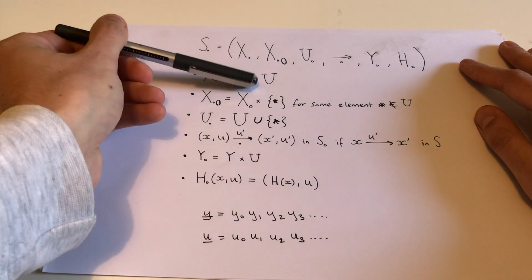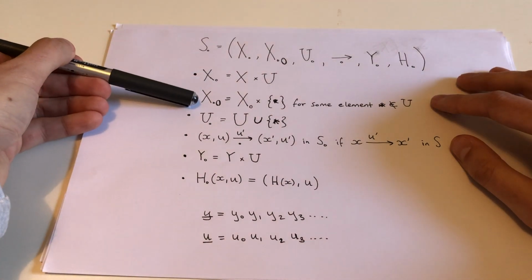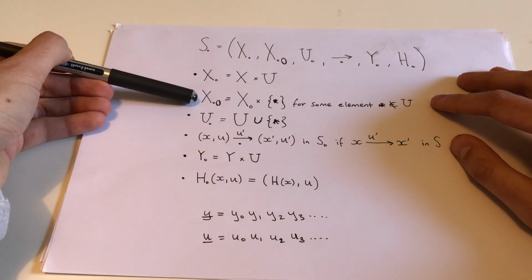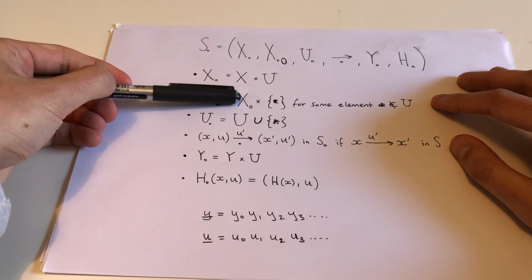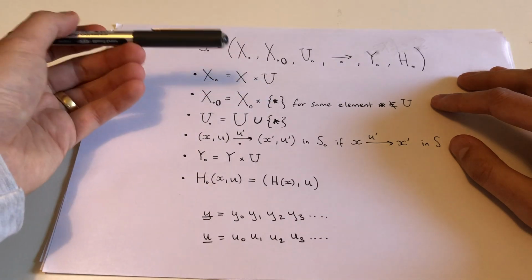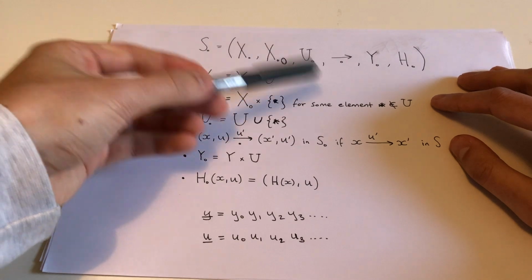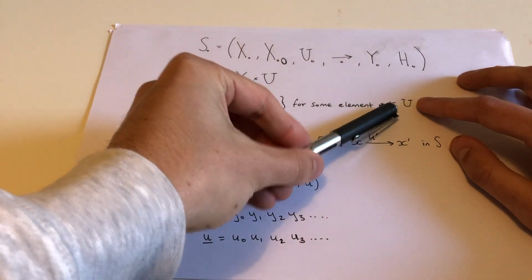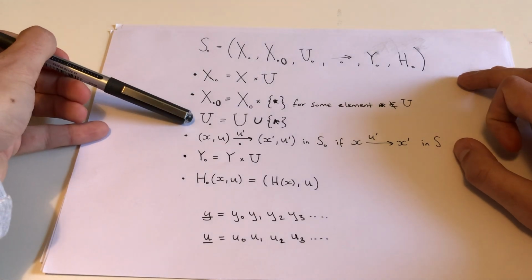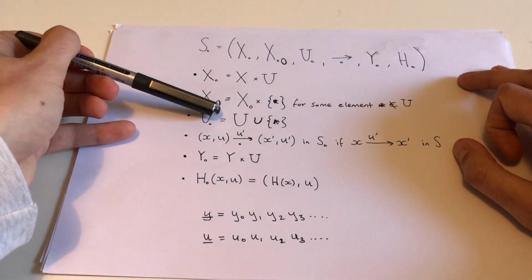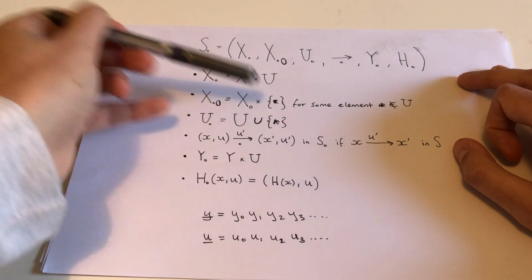You can see here we don't have the small circle because we're talking about the actual system here. We can set the initial set to be the initial set from the actual system, combined with some element. We're denoting this with a star, but this element is not an input; it's not inside the inputs. We can describe our updated inputs as a union between the set of inputs and this star.